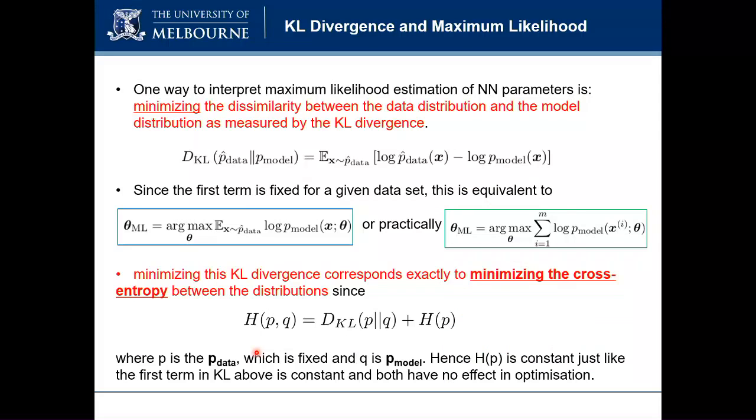So now we want to interpret this. One way to interpret this maximum likelihood estimation of neural network parameters is minimizing the dissimilarity between the data distribution and the model distribution. So that's what I'm trying to do, right? I want to create a neural network model that approximates the data as much as possible, right? That's the approximation business that I said in the beginning. Y equals f of x, and my y equals g of x theta, which is the neural network representation.